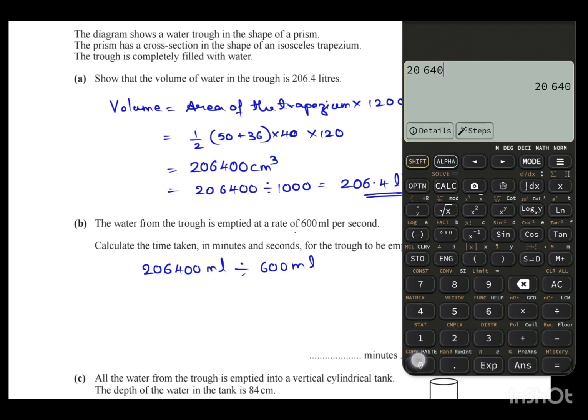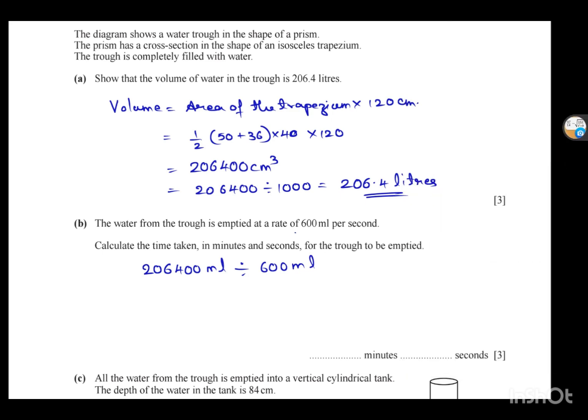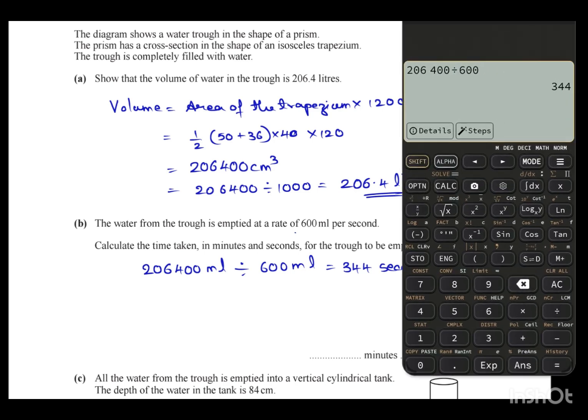206,400 divided by 600 we get 344 seconds. So that means the whole trough is emptied in 344 seconds, but we want the answer in minutes and seconds. So divide that 344 by 60, we get 5.3733.